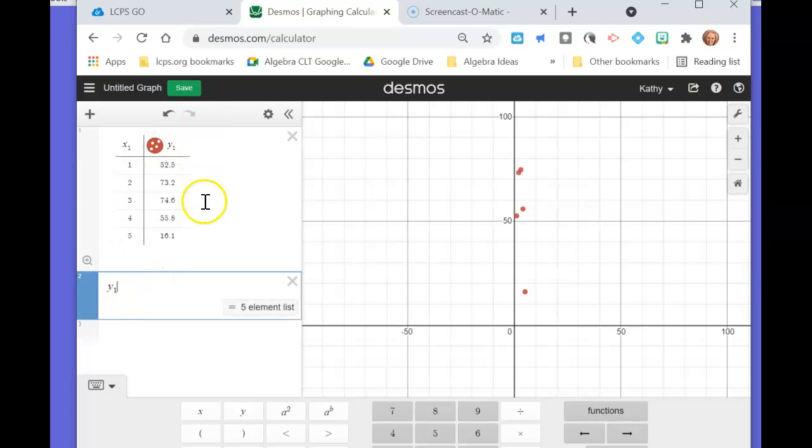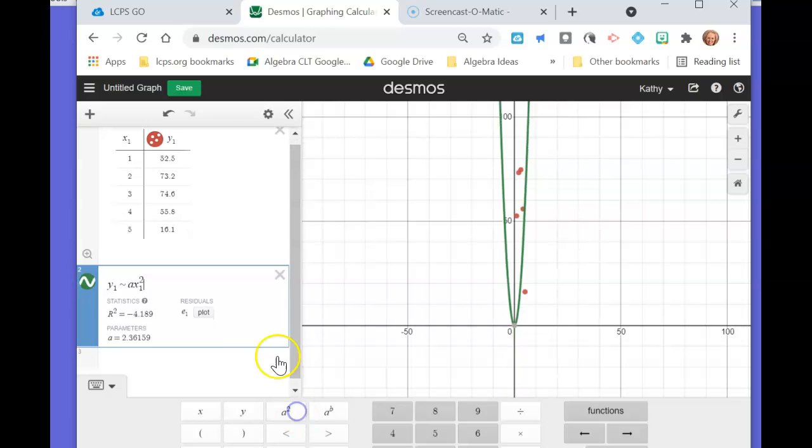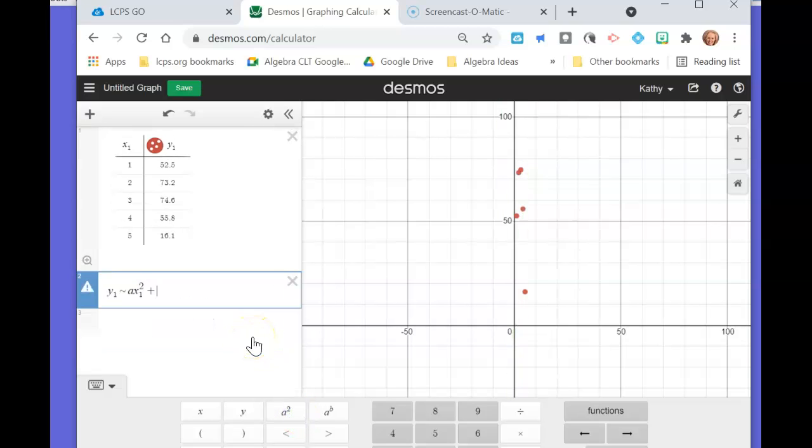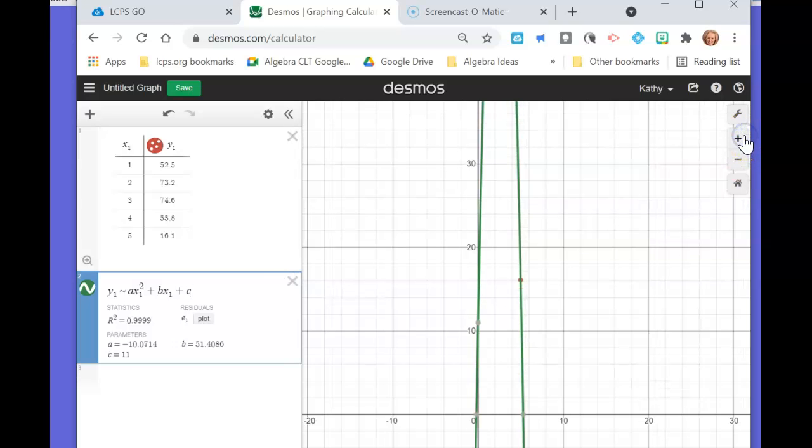Y1 is going to be equal to A X1 squared, plus B X1, plus C. Notice our curve of best fit. We can now zoom in and see where it crosses.